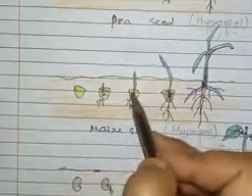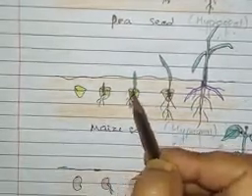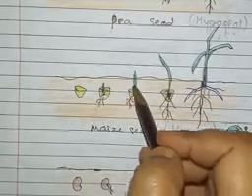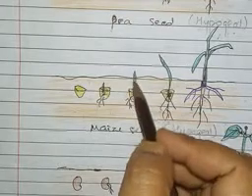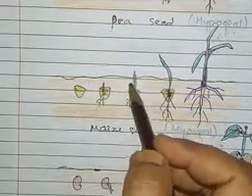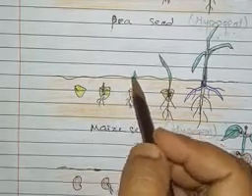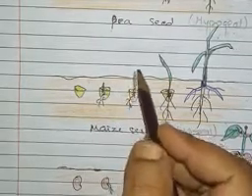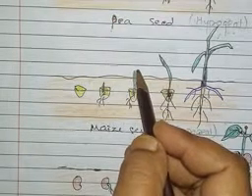Now we will talk about the next part, that is the plumule. Here the plumule also has a protective sheath. So the plumule will be piercing through, breaking through or growing through the protective layer, that is the coleoptile, and it will grow straight in the upward direction, okay, understanding?